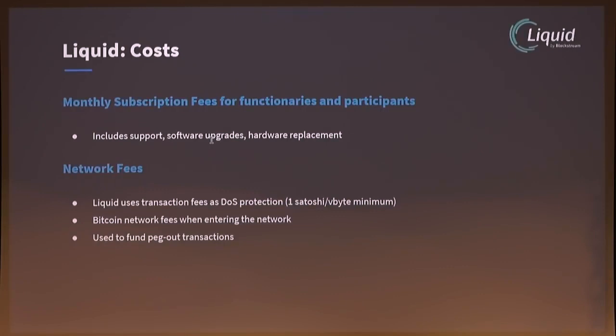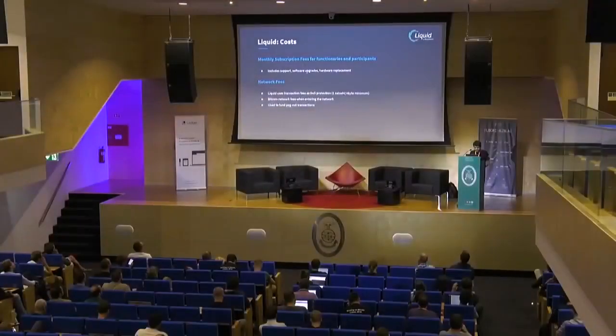And then there's network fees, just like in Bitcoin, but they're expected to be low because blocks are not expected to fail. And then there's the fees for the transactions in Bitcoin. The pegging transaction, you have to pay fees for that, and the peg out transaction too.